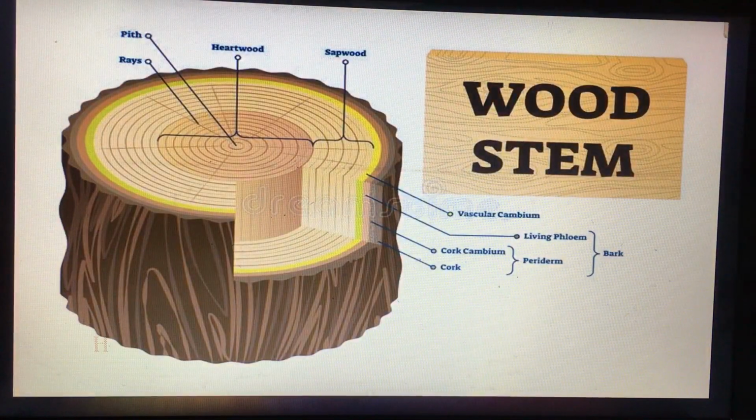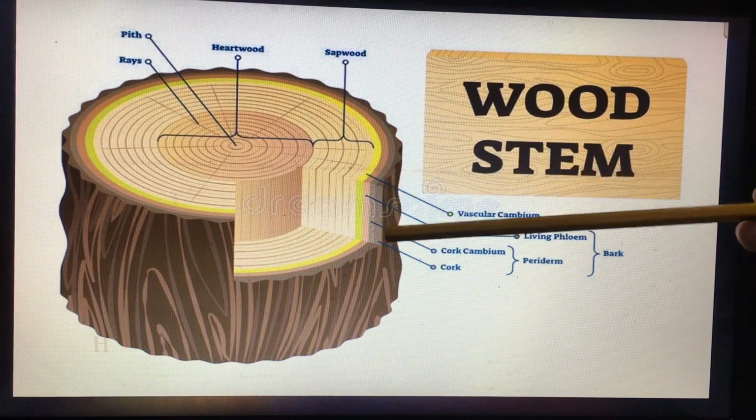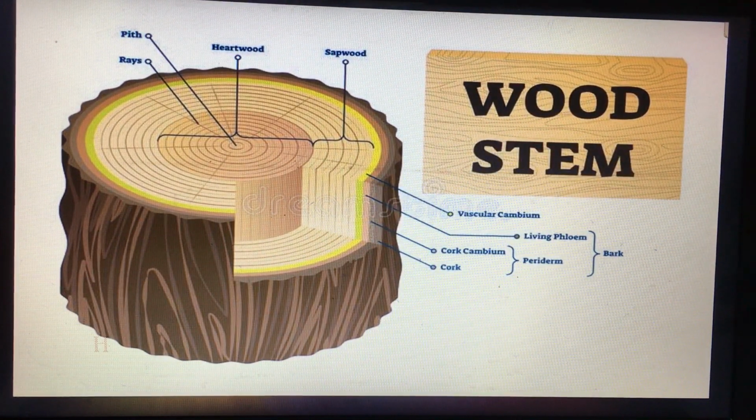Now, what about the plant? In plants, we have cell division in the cambium. The cell division in the cambium increases the plant girth. And plant girth here means the plant gets thicker.